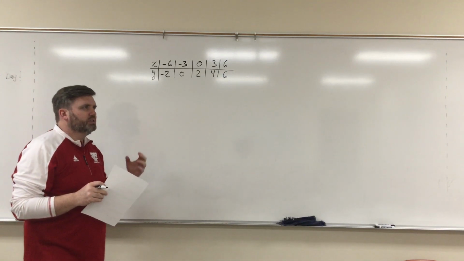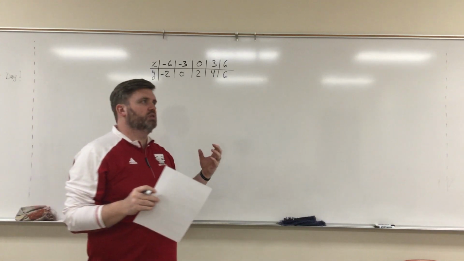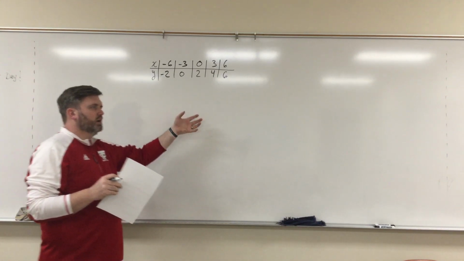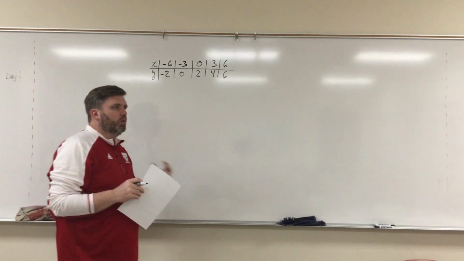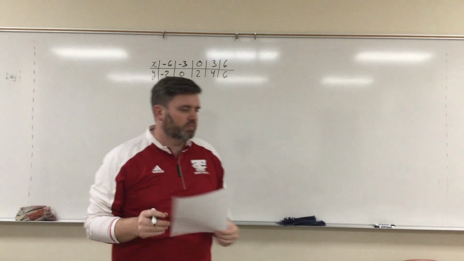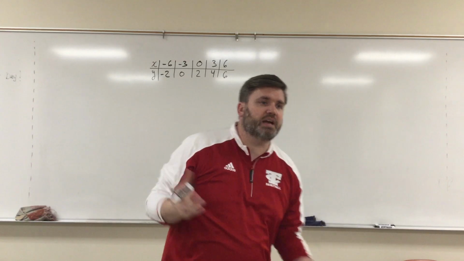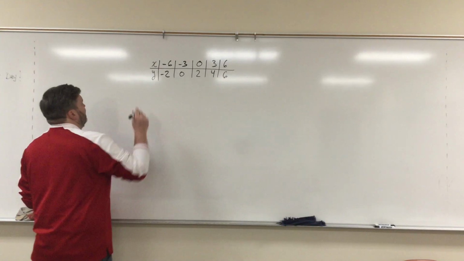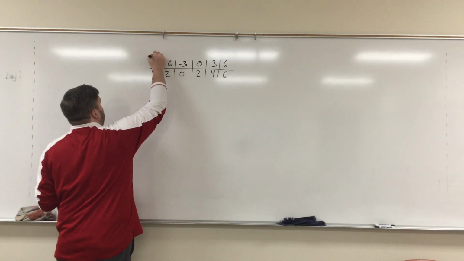So instead of just trying to find the slope using the y sub 2 minus y sub 1 over x sub 2 minus x sub 1 type thing, we're going to do a slightly different method, and then we'll find the y-intercept the exact same way. So what I'm going to do is look at my change in x.